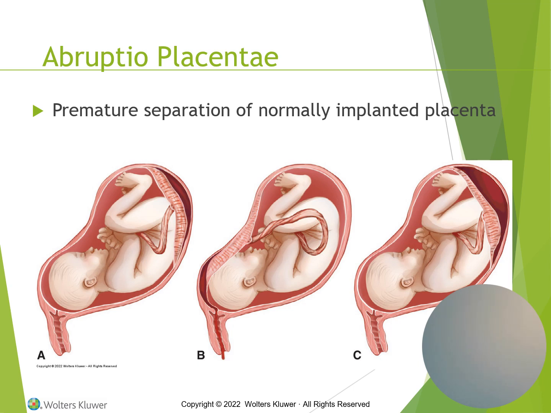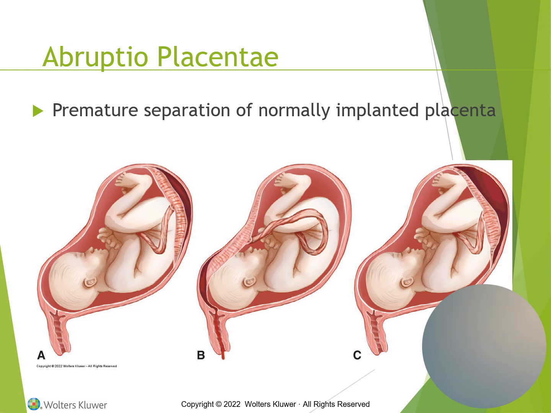The causes are unknown, but there are some known risk factors: hypertension, preeclampsia, pre-existing hypertension, advanced maternal age, multiparity, trauma, cigarette smoking, alcohol consumption, cocaine use, and premature rupture of membranes.